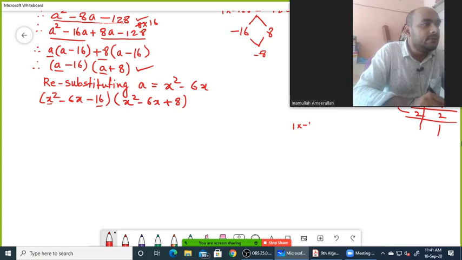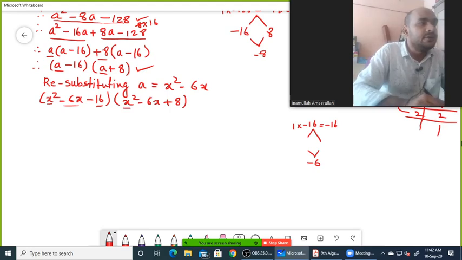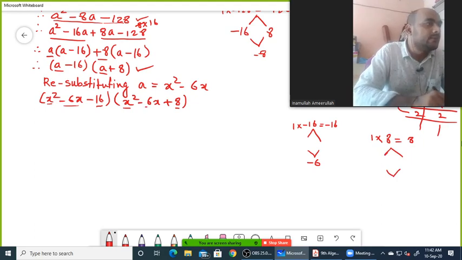So here we will take minus 16, so that when we multiply them we get minus 16, and we need minus 6 as the sum. Same way, in this bracket, the coefficient of the first term is 1 and the coefficient of the third term is 8. So here we will take 1 times 8, which is 8. Again we will find two linear factors for this whose sum should be minus 6.